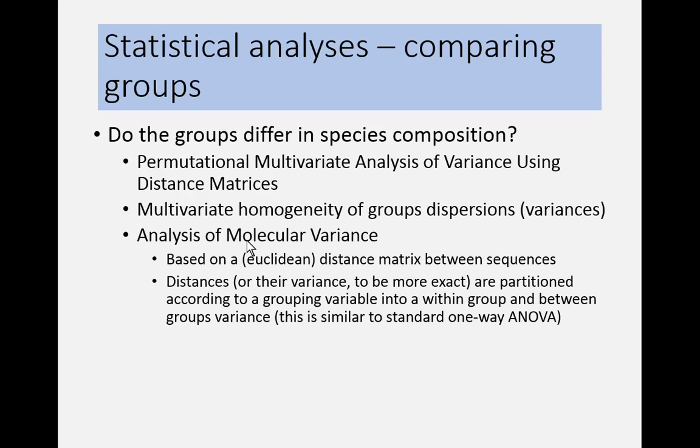But if you just want to compare the groups, there are several ways you can do that. The one we already saw is the ordination analysis. There are also other statistical tools that you can run. One is the permutational multivariate analysis of variance using distance matrices. Well, there are three different tools you have.